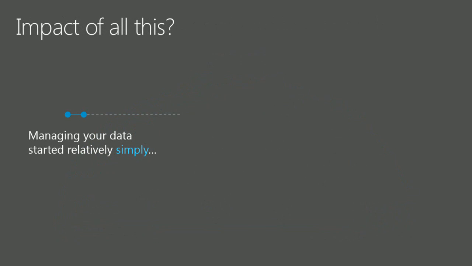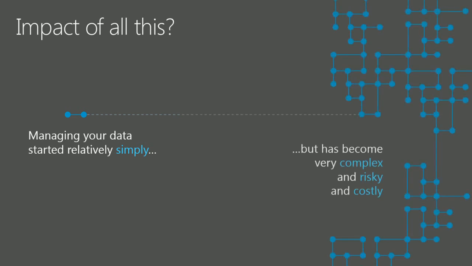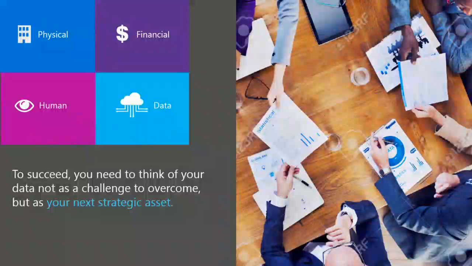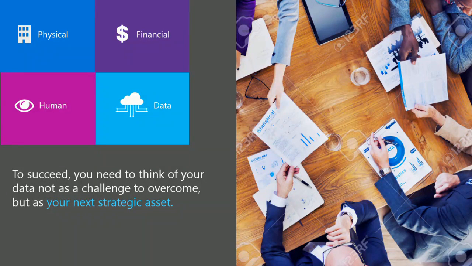So what's the impact of all of this? What was really simple in your life has become much more complicated to manage. Very quickly, you need to think about your data now as a strategic asset and not as a challenge to manage. Think about how your organization treats financial information. Most recently I went to a company called Archer Daniels Midland, one of the world's largest processors of corn.